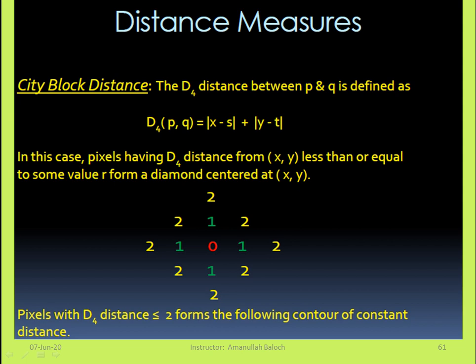Along the y-axis there is no change, because we are not moving along the y-axis, so that will be considered 0. So if this is x, y and this is s, t, then x minus s will be 0 minus 1, and the absolute value of minus 1 will be equal to 1.